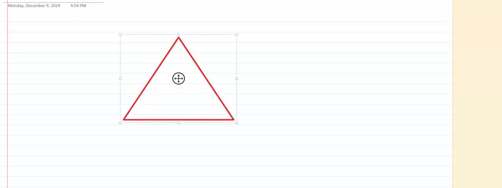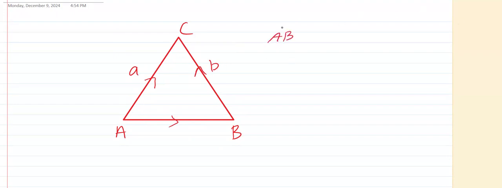Graphically, if you remember in our last class, let's say you have a closed shape, and in this closed shape I'm giving it the names A, B, C. Let's say the vector AC is A and vector BC is B, and you have been asked to find the vector AB in terms of A and B. So how will we do that if I have to find the vector AB?